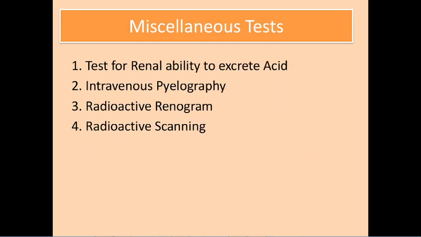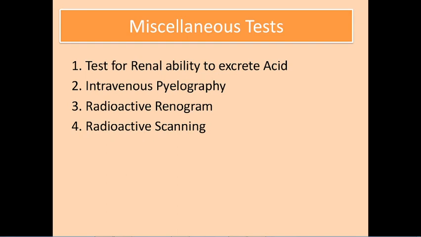Other miscellaneous tests to assess renal function include test for renal ability to excrete acid. This test studies the excretion of acid by the kidneys following stimulation by giving ammonium chloride. Next is intravenous pyelography. When injected intravenously, certain radio-opaque organic compounds of iodine are excreted by the kidneys in sufficient concentrations to cast a shadow of the renal calyces, renal pelvis, ureters and the bladder on an X-ray film, which gives information regarding the shape, size and functioning of the kidneys.